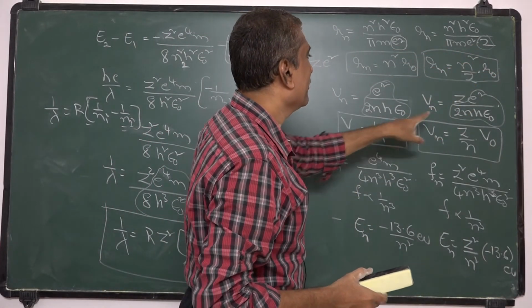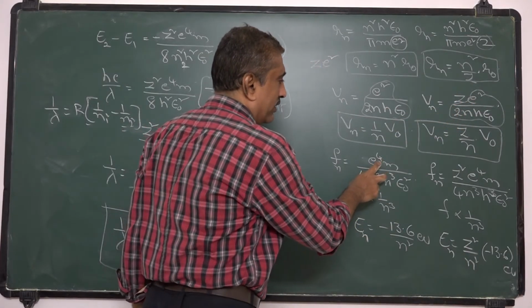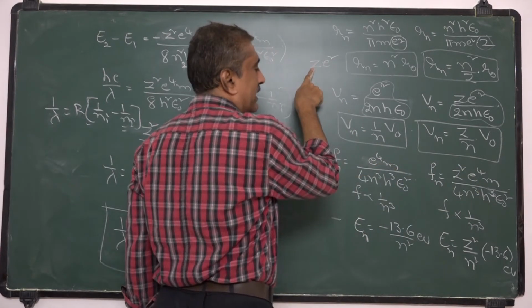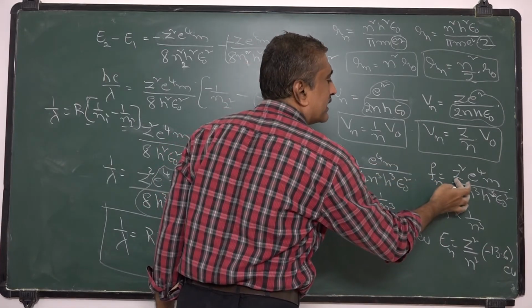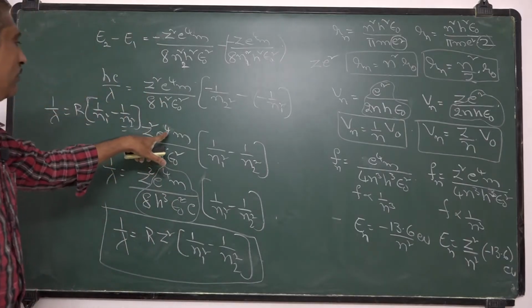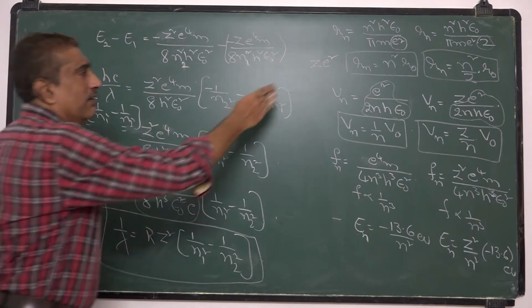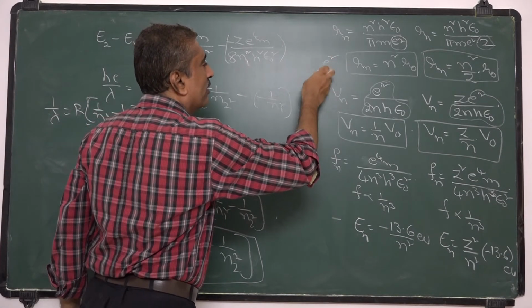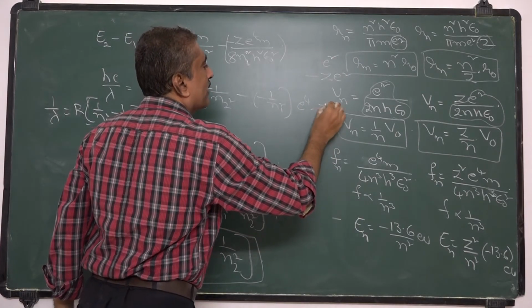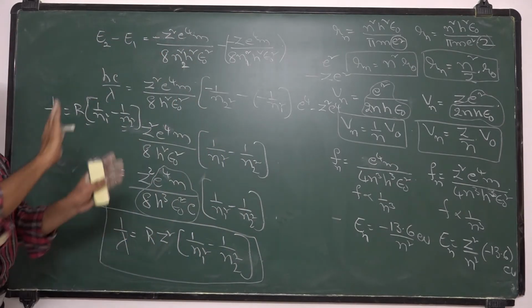Here in this term it is e square, we write Z e square. Here we got e power 4, that's why we got Z square, because for every e square term we have to write Z. So it is e power 4, that is Z square e power 4. In this equation also we got e power 4, that's why we write Z square. So for every e square term, we replace it by Z e square. If it is e power 4, we write Z square e power 4. You just remember it in that way.